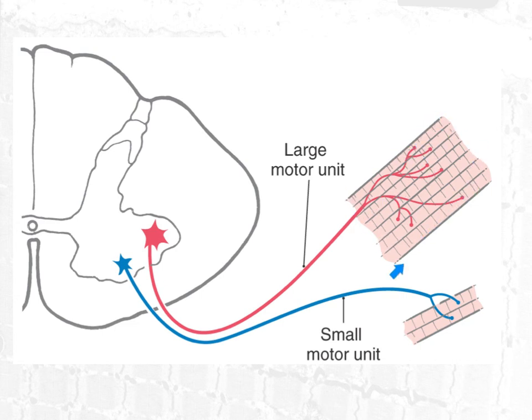So all of these muscle fibers are going to be activated at the same time. A small motor unit might be somewhere like the fingers, where you need to be able to do more precise small motions. So just a few fibers are going to get activated at once to give you lots of options and flexibility.